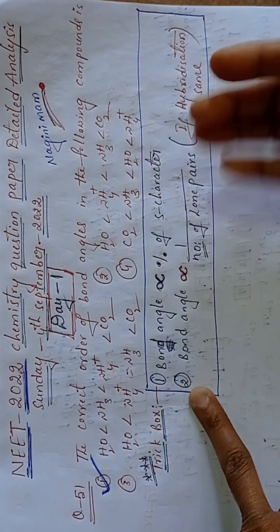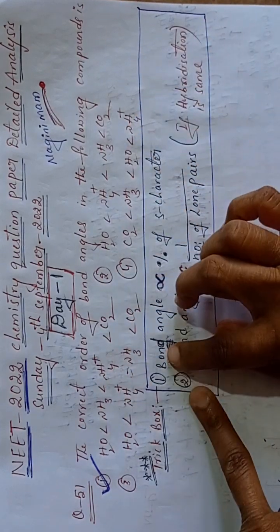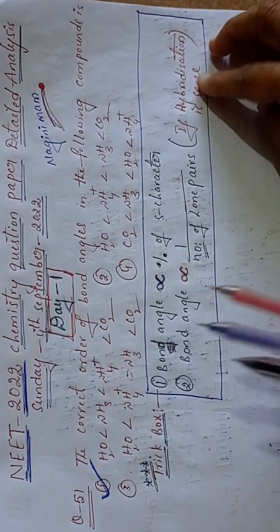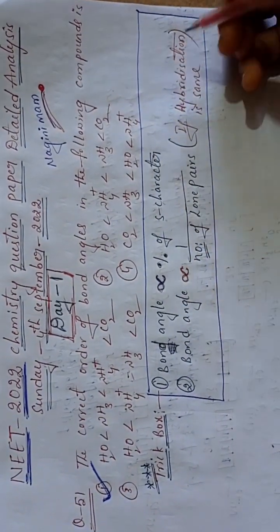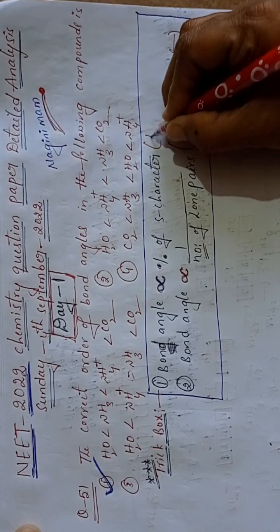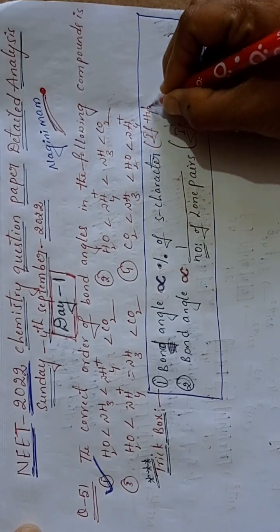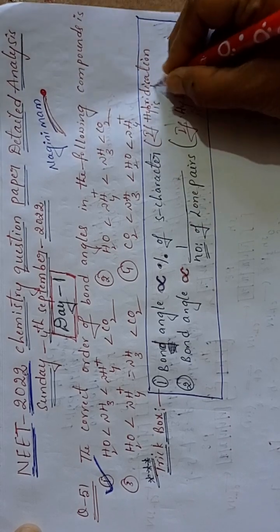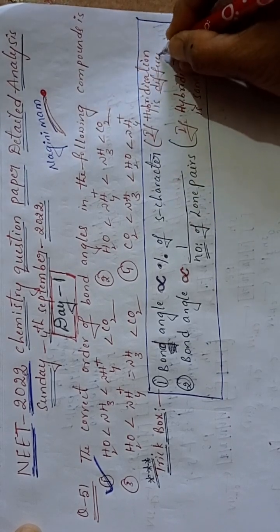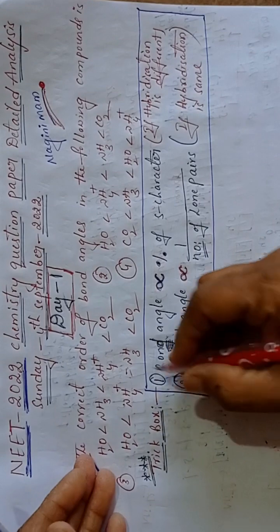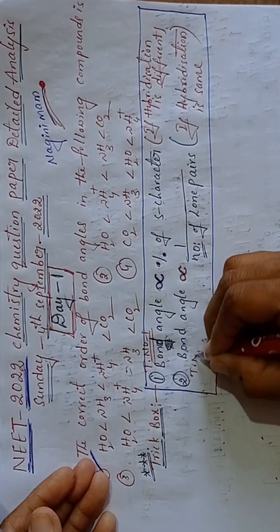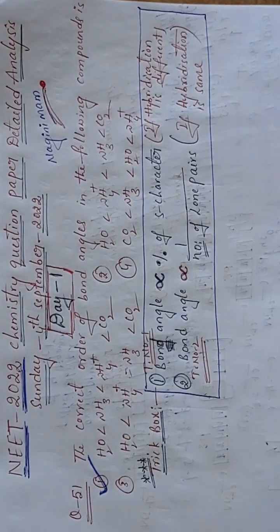If hybridization is different for the 4 compounds, follow trick number 1. Are you clear students? Here the hybridization is different, so follow trick number 1. This is trick number 1, and this is trick number 2.